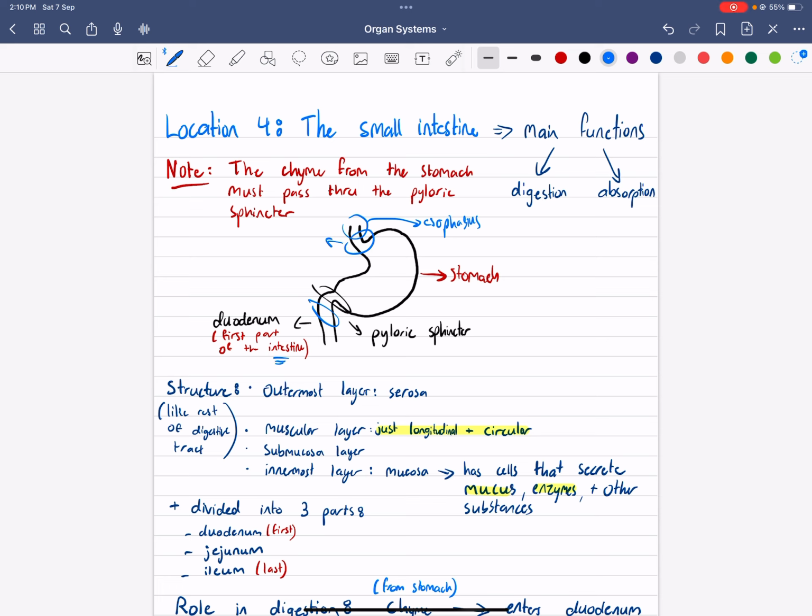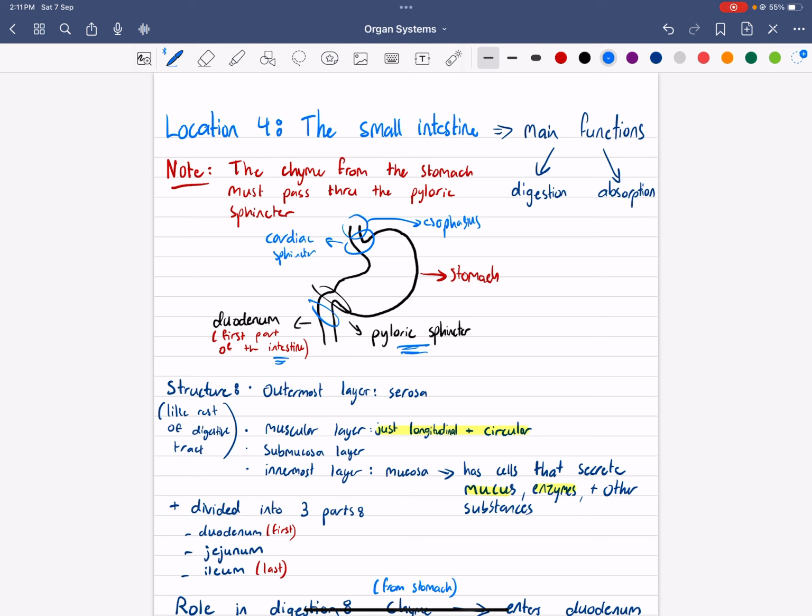The first, upper sphincter, the sphincter on top, is called the cardiac sphincter, and the sphincter at the bottom is called the pyloric sphincter. So the chyme should pass through the pyloric sphincter. It will relax, allowing the chyme to enter the small intestine.